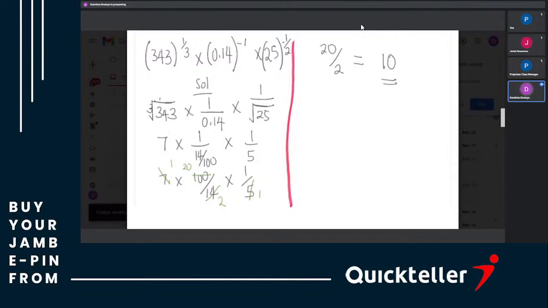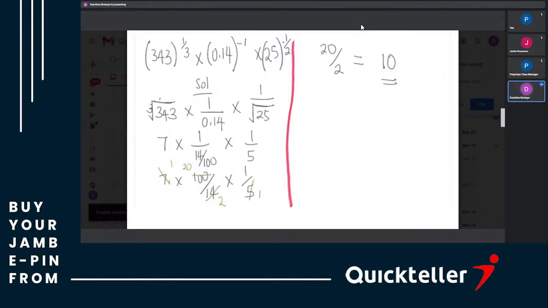Like this 343. 7 times 7 times 7, you should know it from your past classes. Have you known the cube root of 125?